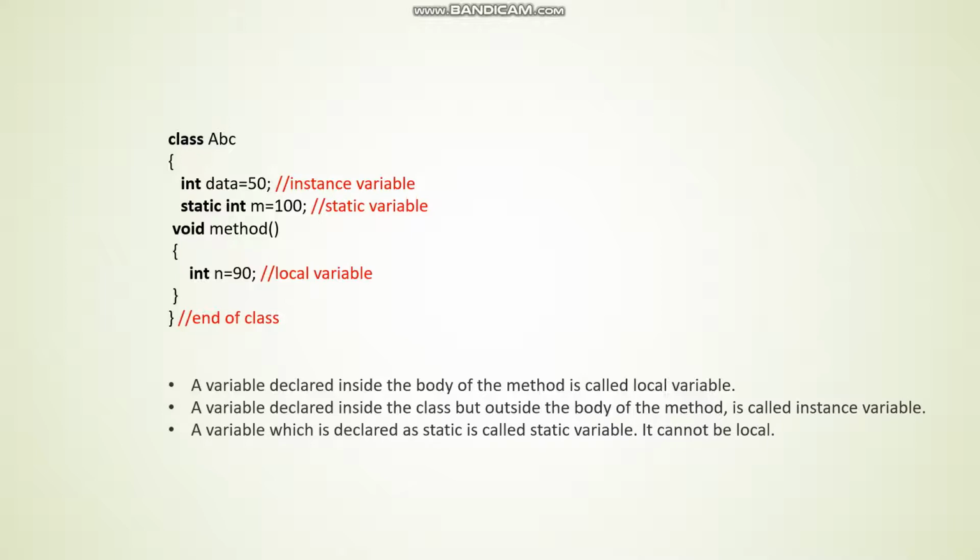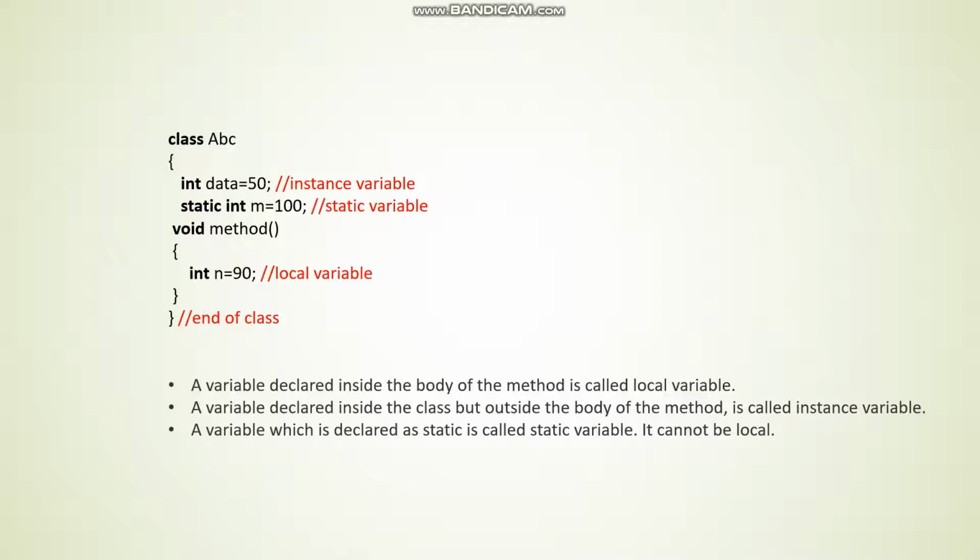The instance variable is declared outside the method, and so it is called an instance variable. And a static variable is declared with the keyword static. It cannot be a local one. A static variable is always declared with the keyword static.